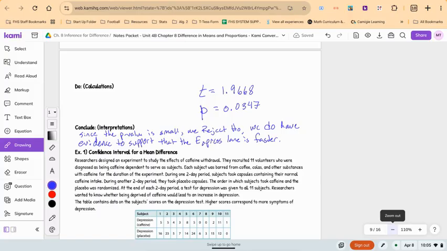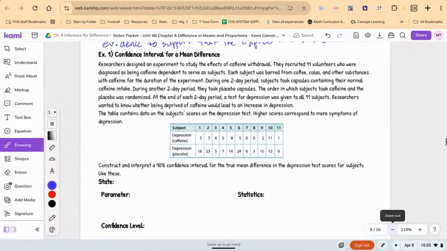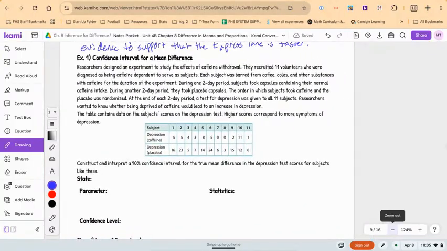Okay, and then this will be the last example I do. The next example is going to be confidence interval, but we do it the exact same way we just did this one. So now you're going to get a lot more data, right? So we have confidence interval for the mean difference. It says researchers designed an experiment to study the effect of caffeine withdrawal. They recruited 11 volunteers who were diagnosed as being caffeine dependent to serve as subjects. Each subject was barred from coffee, colas, and other substances with caffeine for the duration of the experiment.